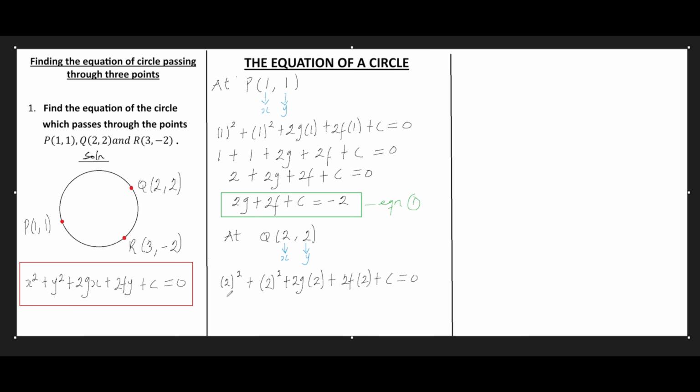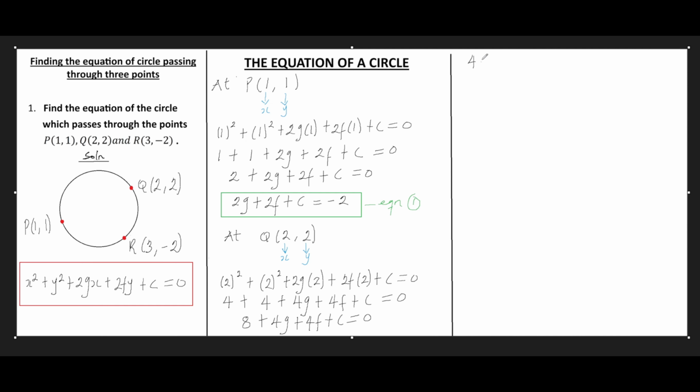2 squared, that is 4. 2 squared, 4. 2g times 2, we have 4g. 2f times 2, we have 4f plus c is equal to 0. 4 plus 4, that is 8. We have plus 4g plus 4f plus c is equal to 0. So we are grouping variables on the left, numbers on the right.